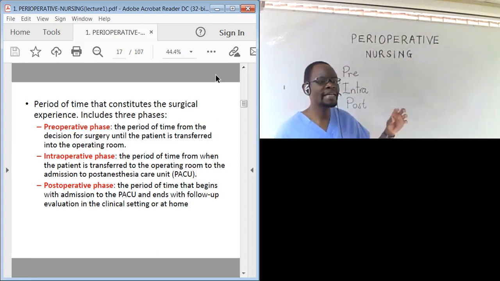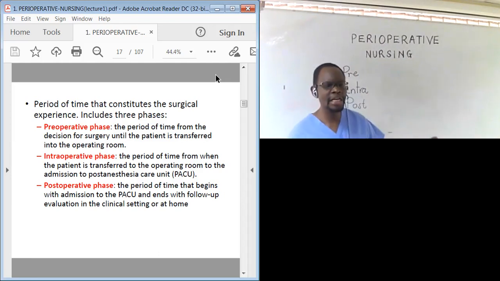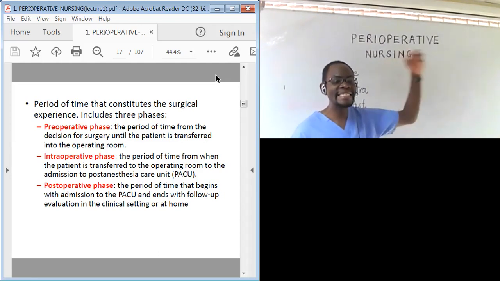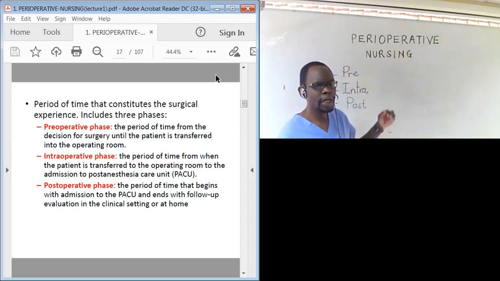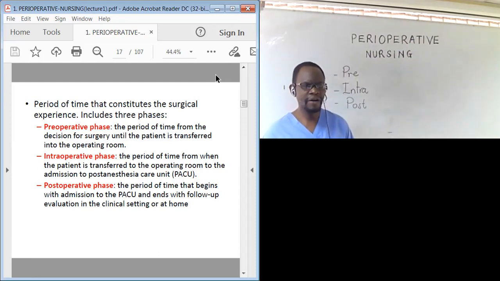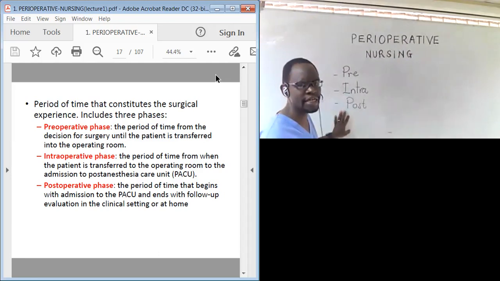So from the time the patient is transferred into the operating room up to the time when the patient is exiting the operating room into PACU, that is the intra-operative phase.